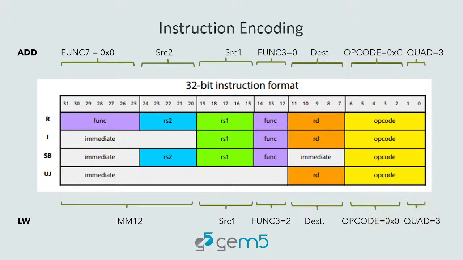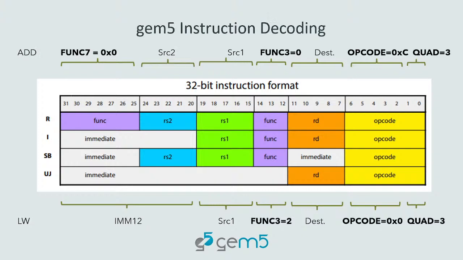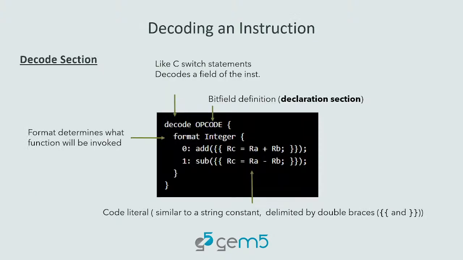So really in gem5, to decode an instruction, given you have just some bits, 32 bits, right? What you need to do is figure out these highlighted things. You need to figure out that func7 is 0, func3 is 0, opcode is C, and cod is 3, right? These 4 things are what you need to determine. Similarly for load word, what you need to figure out is the bottom 3 things.